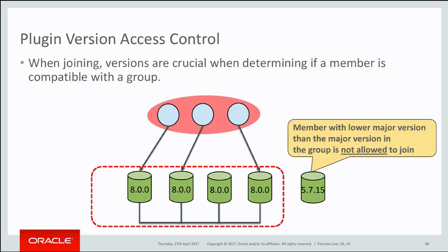But there may be behavior changes in 8.0 that 5.7 is not aware of or that are different. So if we allowed 5.7, 5.6, or 8.0.9 to join when that kind of situation happens, there could be a behavior change that will cause data inconsistency on that server. So by default, we don't allow lower version members to join a group with a bigger version.